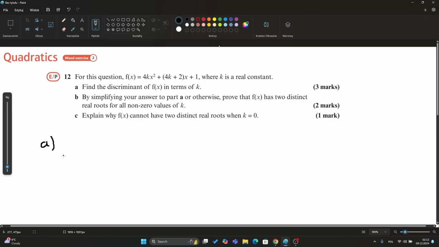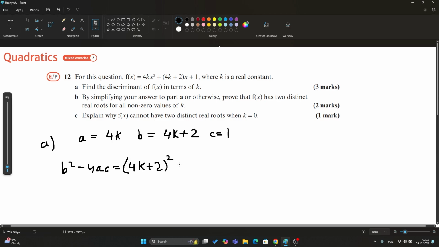Now for question 12, we have f of x as following, where k is a real constant, and in part A we have to find the discriminant of f of x in terms of k. So here we have the coefficients, 4k plus 2 and 1. So to find the discriminant we have to do b squared minus 4ac, which equals 4k plus 2 squared minus 4ac.